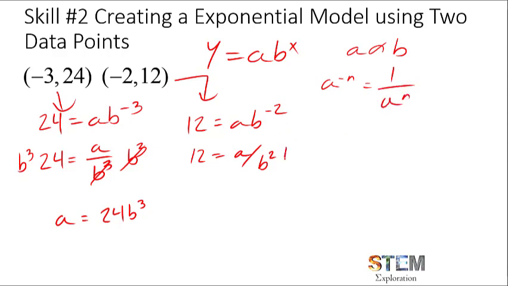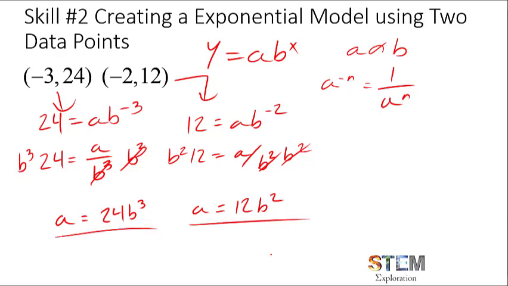So that's all the knowledge I'm using there. Multiply both sides by b squared then. Cancel, cancel. a is equal to 12b squared. And now what I have is 2 new equations that use the same variables.